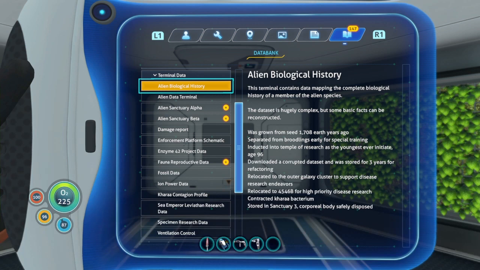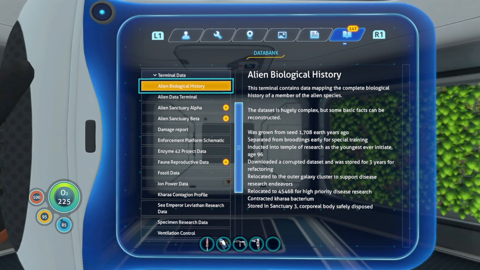Downloaded a corrupted data set and was stored for 3 years for refactoring. Relocated to the outer galaxy cluster to support disease research endeavors. Relocated to 4546b for high priority disease research. Contracted Karar bacteria stored in Sanctuary 3. Corporeal body safely disposed.